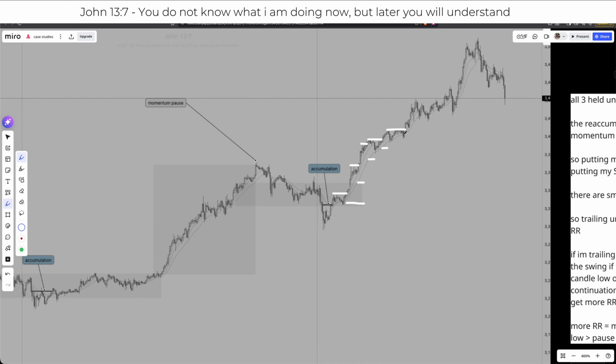There, the 20 EMA would be right here, so I'll just put my stop loss under the swing. We have another pause right there. This would be around here, so I'll probably put my stop loss under that swing. I don't think I get taken out. And we go for the next one right there, where the EMA would be right here, so I'll put my stop loss just under.